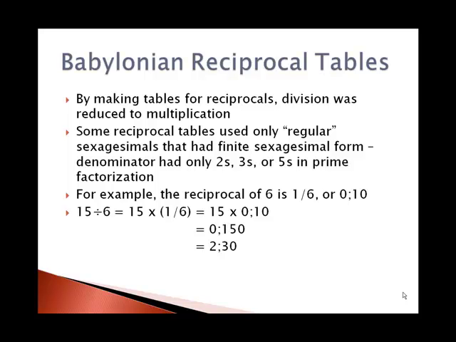So for example, the reciprocal of 6 is 1/6, or in sexagesimal notation 0 semicolon 10. And 15 divided by 6 would be the same as 15 times 1/6, or 15 times 0 semicolon 10. 15 times 0 is 0, and 15 times 10 is 150. And then we can regroup that 150 into 2 60s and 30 leftovers, which comes out to be 2 semicolon 30.